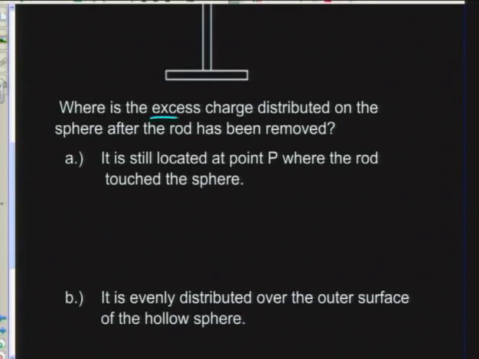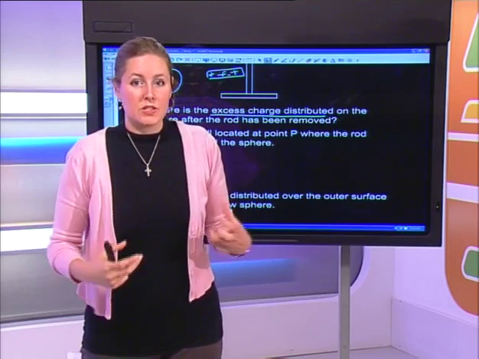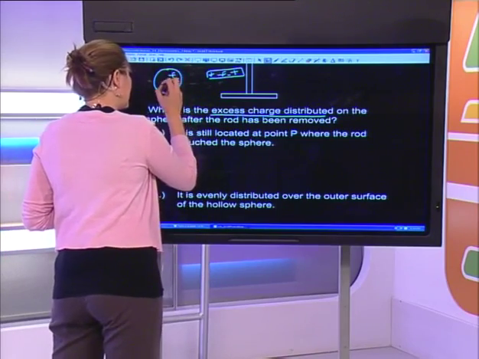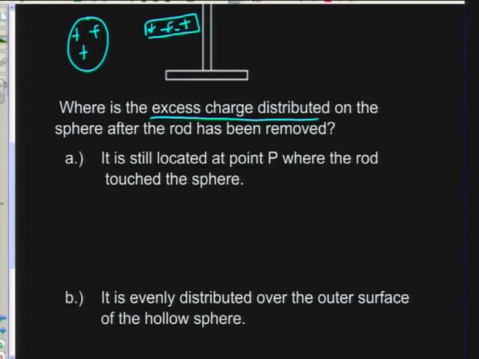So there is now excess charge on the sphere. The rod now has positives but lots of negatives as well, as those electrons from the sphere were transferred across onto the rod. What is the rod left with? Well, it's going to be left with excess protons left over.